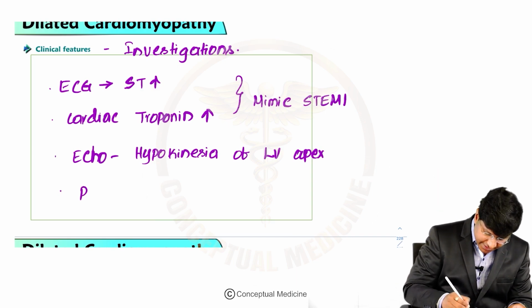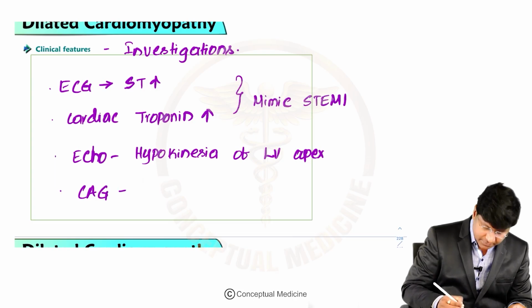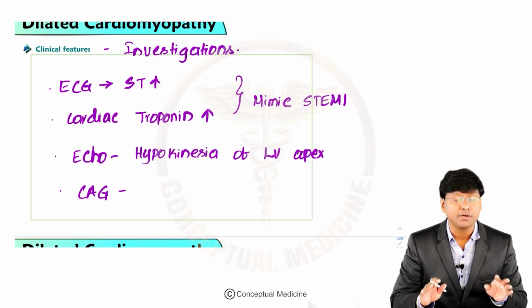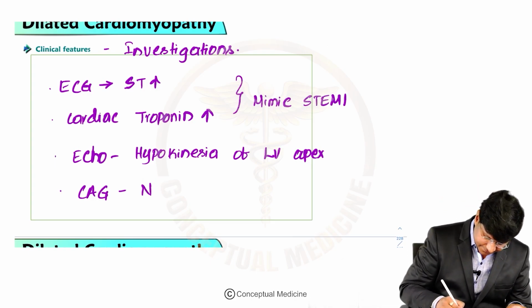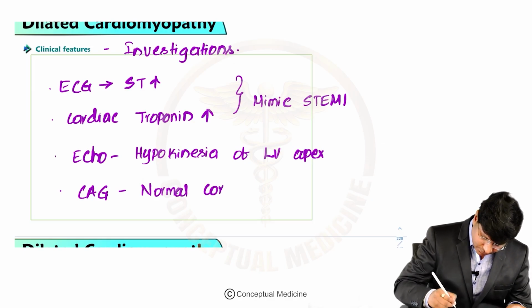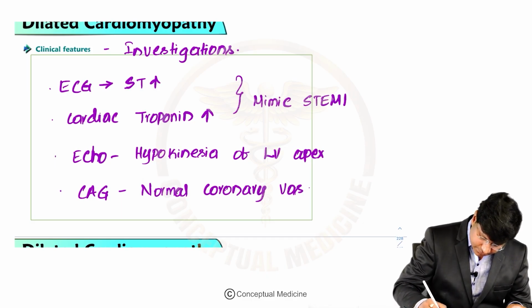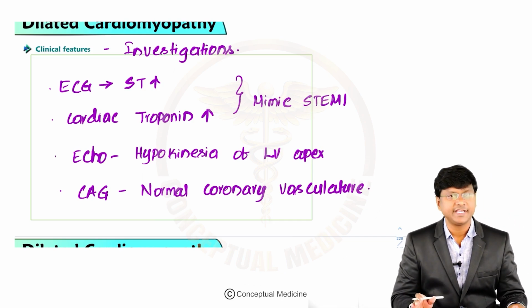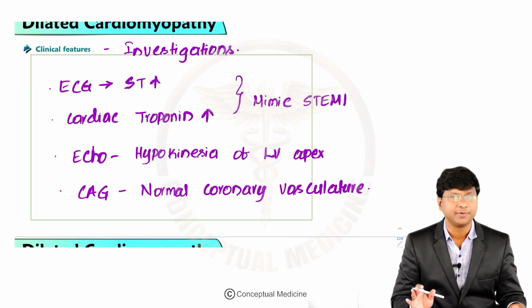But when you do a coronary angiogram, it shows normal coronary vasculature. So these will be the investigations in patients with Takotsubo cardiomyopathy.